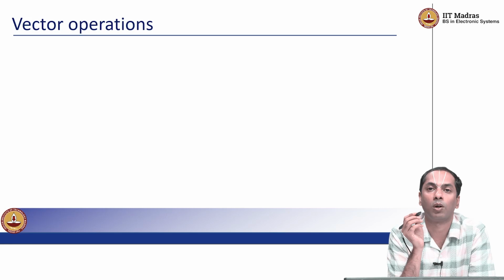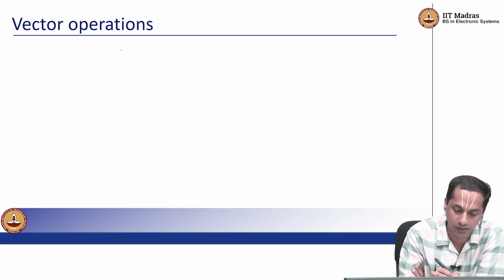So we'll look at some operations that we can do with vectors. The first thing is a simple scalar multiplication.